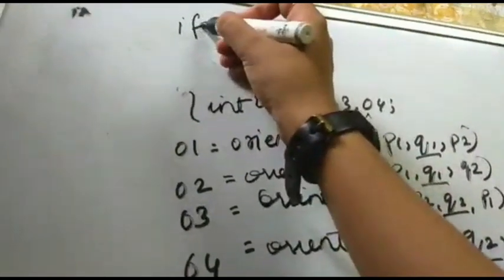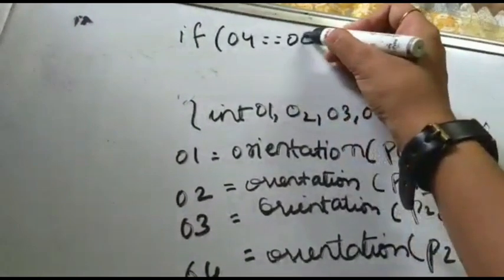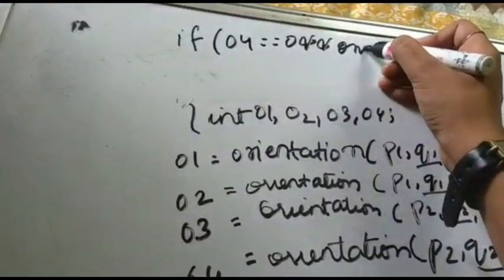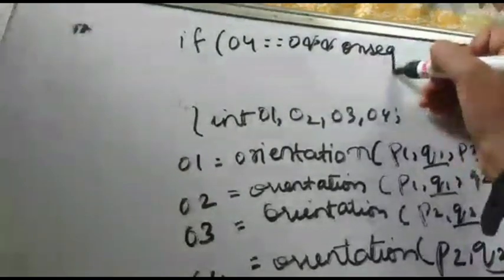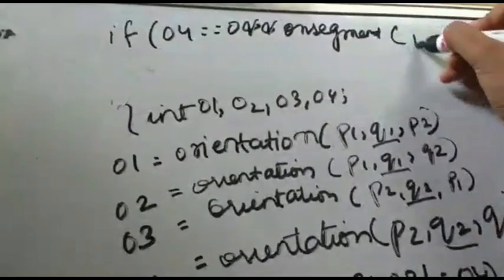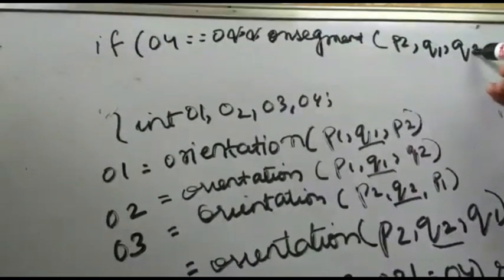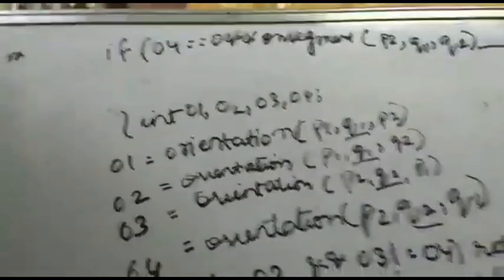If O4 is equal to 0 and onSegment P2, Q1 and Q2, so again we are going to return true.